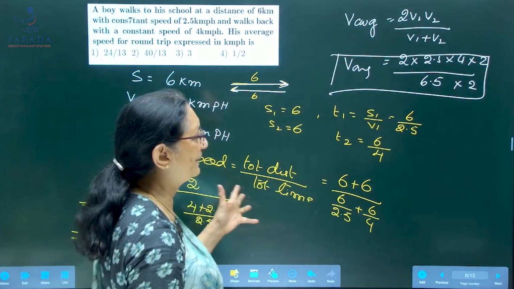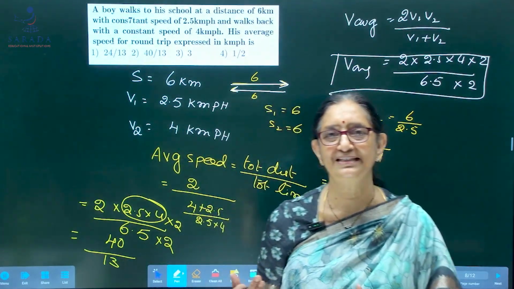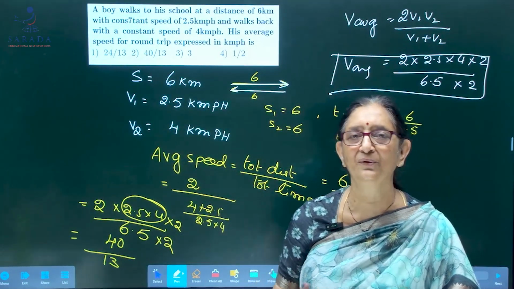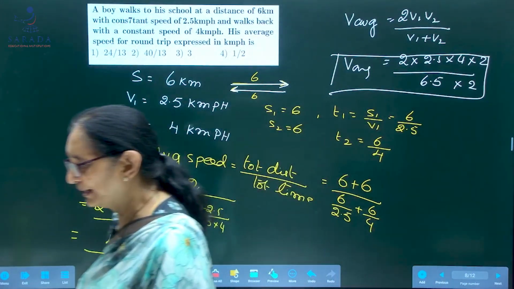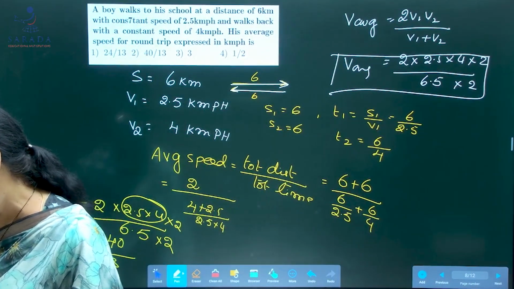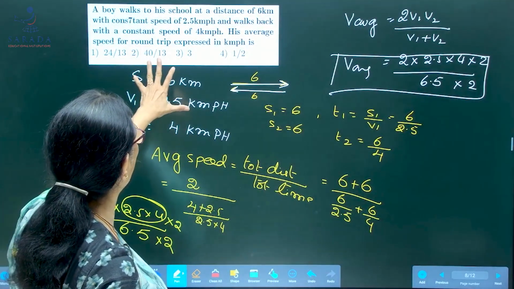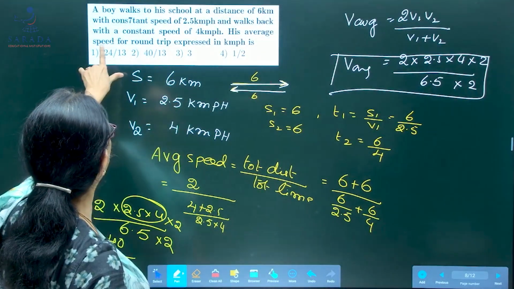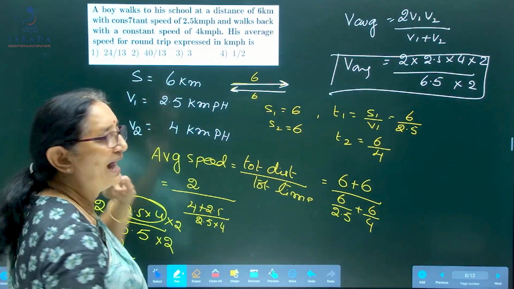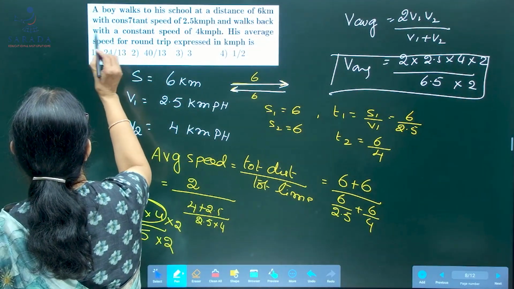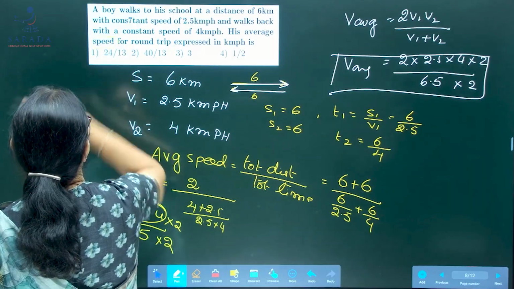So simply the formula here: average speed is asked, half the distance with V1, remaining half with V2. So average is 2V1V2 by V1 plus V2. Suppose in the same problem, just one word: instead of asking average speed, if he asks you to find the average velocity.